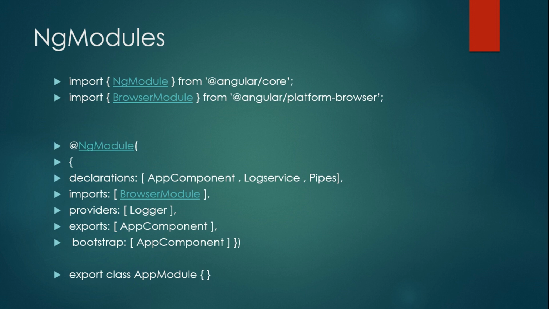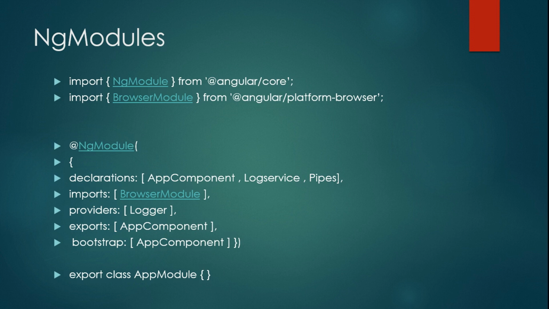In this case, app module is the bootstrapped module, and it launches the main component that is provided in the bootstrap metadata property of NgModule. It instantiates that component and loads that main component onto the page.